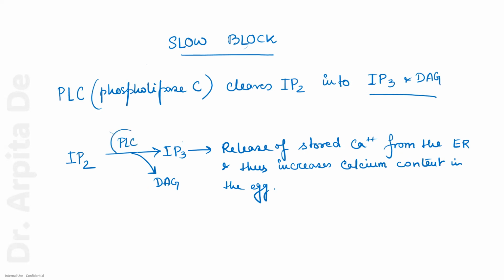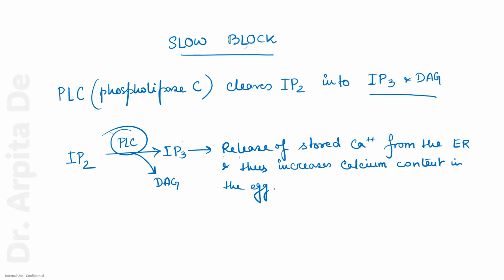PLC, phospholipase C. This IP3 will act on the calcium channels on the endoplasmic reticulum, and it will release stored calcium, and it will thus increase the calcium content in the egg.